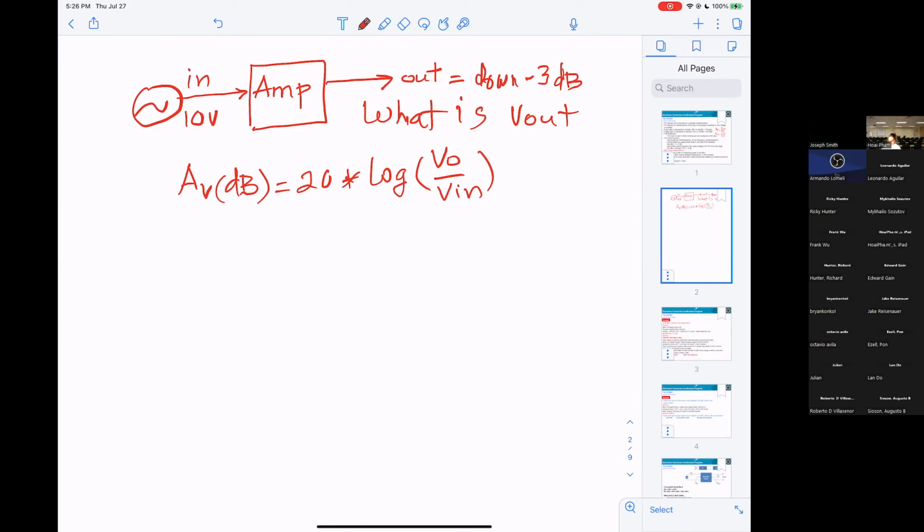Now AV in dB, they say minus 3 dB. So basically, that will be minus 3 dB.